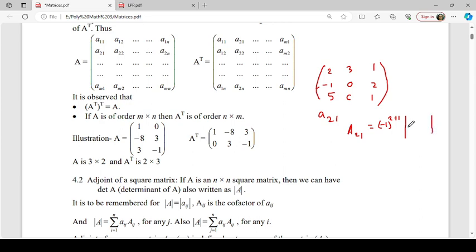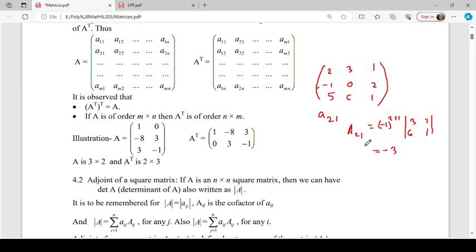So we omit the second row and first column. So what remains is 3, 1 and 6, 1. So the value is 3 minus 6, it is minus 3. So this is minus, this is minus, and it is 3. So this is the cofactor of a21, the capital A21.